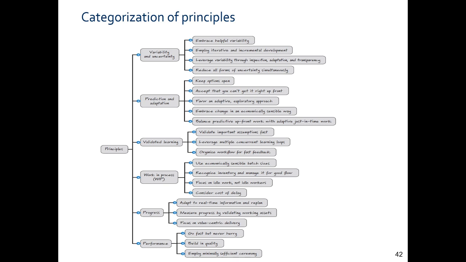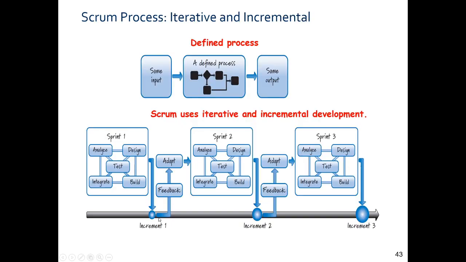In short, it has been mentioned in the diagram: variability and uncertainty, prediction and adaptation, validated learning, work in progress, that is WIP, progress and performance, and from a defined process, we have both the iterative and incremental approaches together. So hybrid approaches are there.